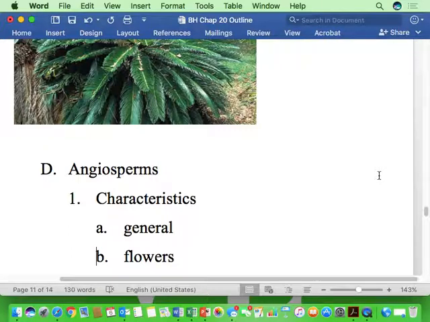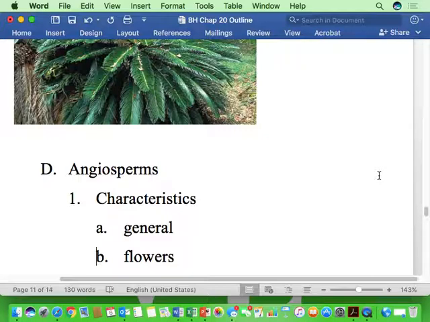The male reproductive structure of a flower is the stamen with an anther at the tip. The anther produces the male gametophyte, and the male gametophyte is the pollen grains.